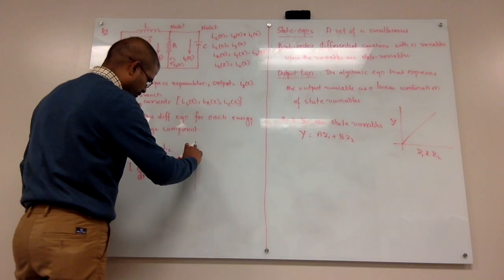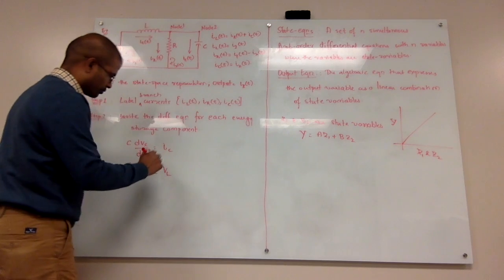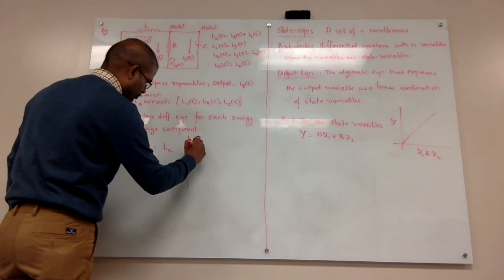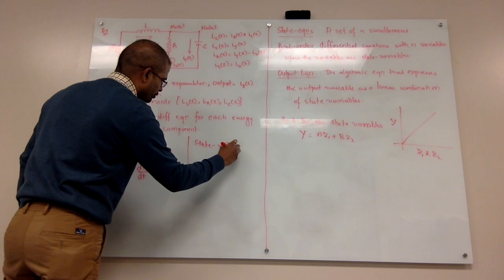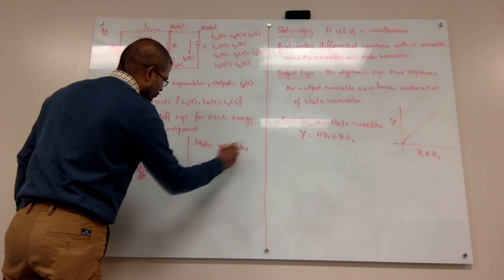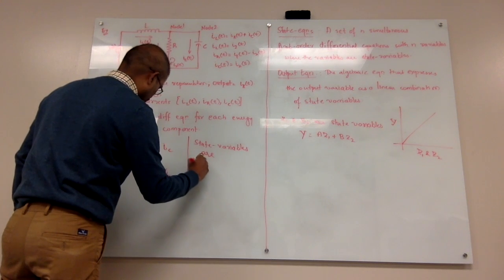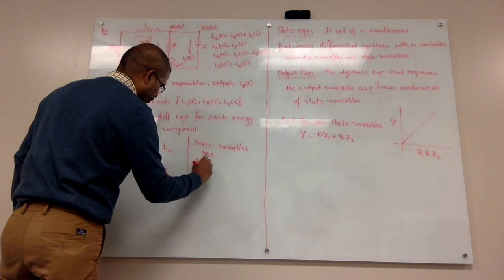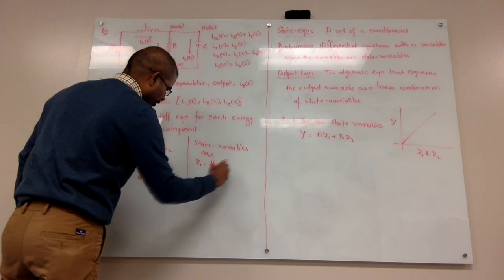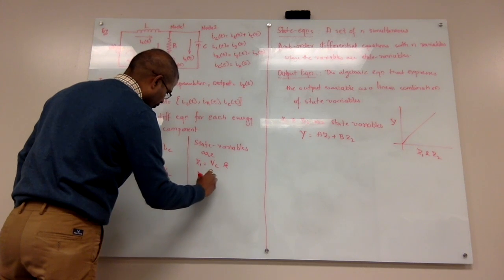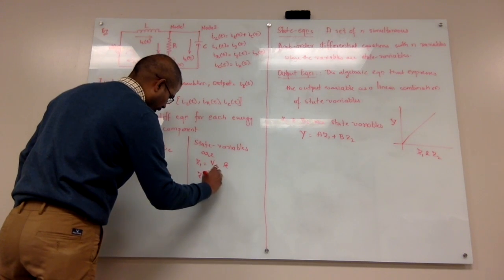So if you compare this, right away you can say the state variables are Z1 equal to VC and Z2 equal to IL.